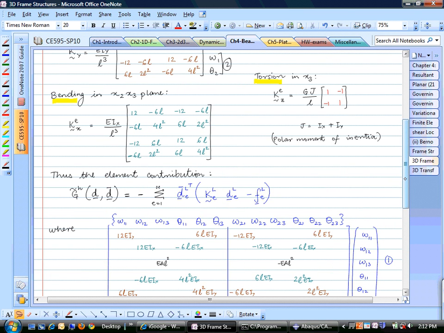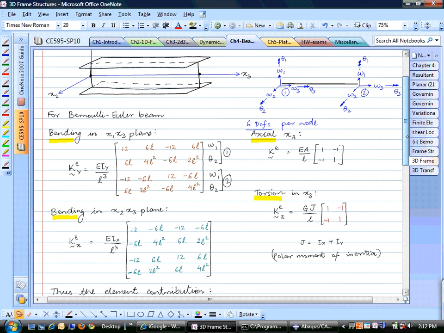What are the degrees of freedom for this? What is the first row? W2 and theta 1. This is node 1, W2, theta 1 for node 2.